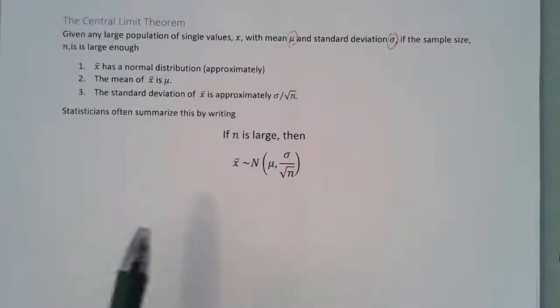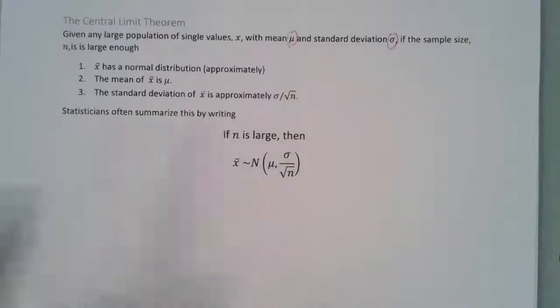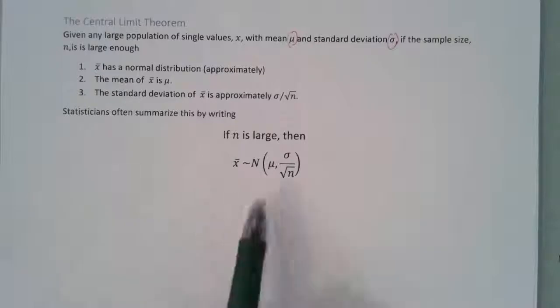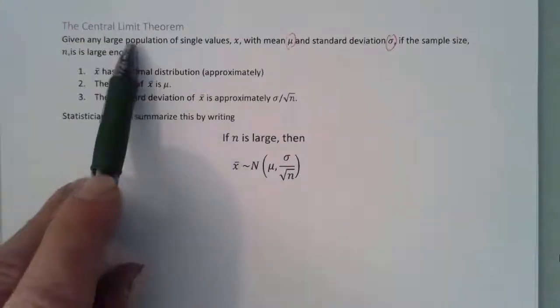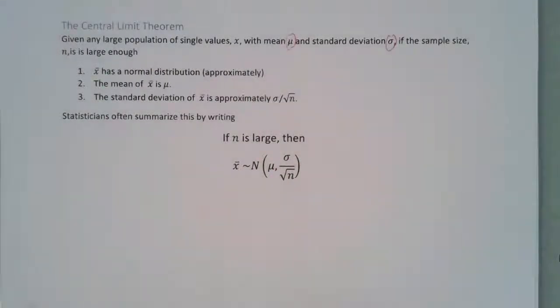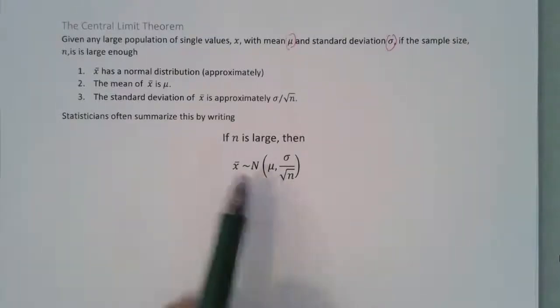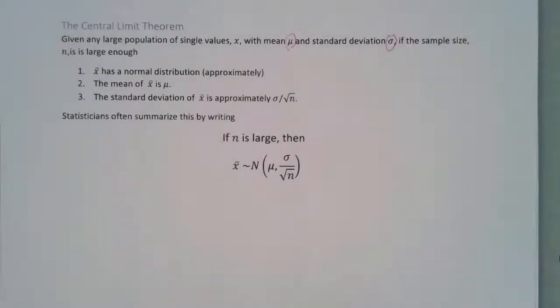Now, statisticians have a symbol that they sometimes use that summarizes all of this for us. And here it is. This is how we're going to translate it. We're going to start with a large population. It has a mean and a standard deviation. We're going to start taking samples that are larger and larger out of that original population.